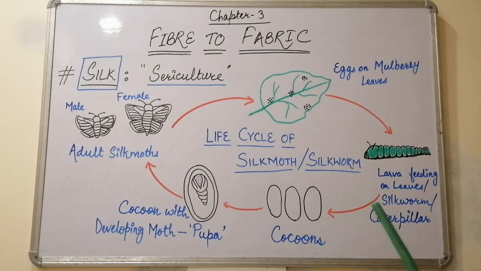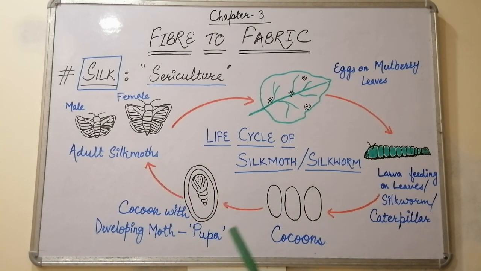After feeding, these larvae or silkworm or caterpillar make up a cocoon around their body which is made up of protein, and in the specific conditions of sunlight, air and temperature, this protein becomes harder and a hard shell is formed around the body of the larva, and this hard shell is known as cocoon.